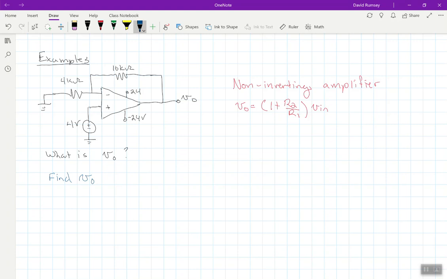Well, I've got an equation sitting here, and we can clearly see from this that R2 is 10 kilo ohms, R1 is 4 kilo ohms, and Vn is 4 volts. So now I just do an equation plug and chug and say that Vout then is going to be 1 plus 10k over 4k times 4 volts, and I'm taking a couple steps here just to make sure that we don't make any silly arithmetic mistakes.